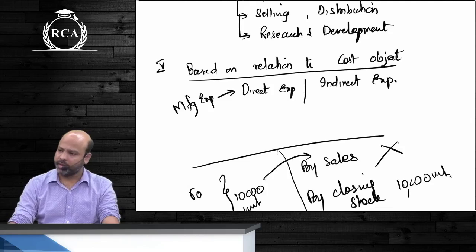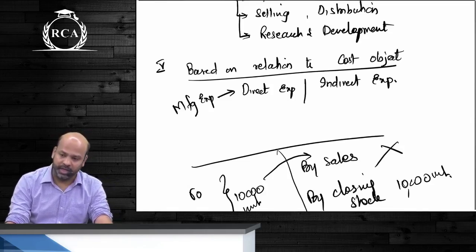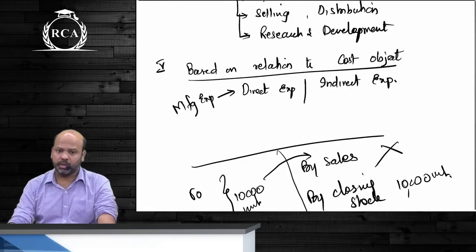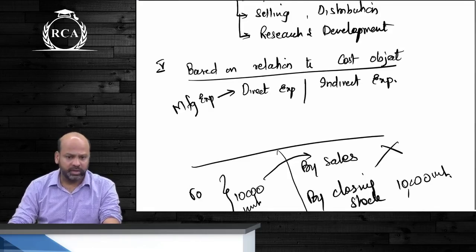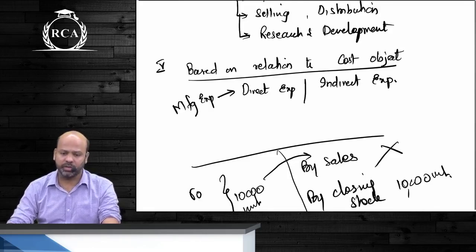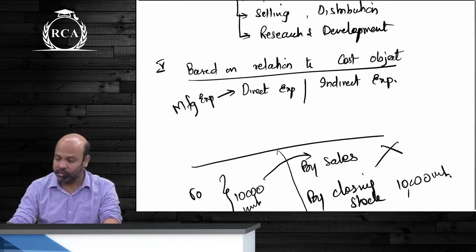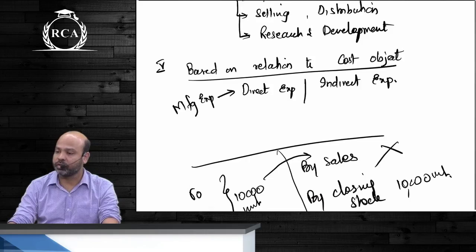Next line, administrative expenditure. Selling and distribution cost. Research and development.